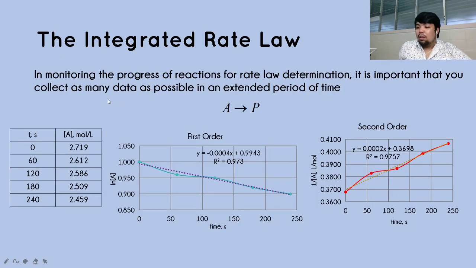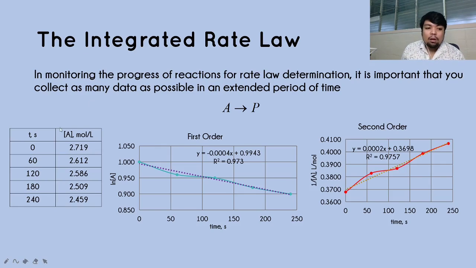This is not only applicable to kinetic data, but also to any experimental data that you'll encounter in chemistry. The more data that you collect, the greater the accuracy of your results. This is also applicable to determining the order of the reaction using the integrated rate law.